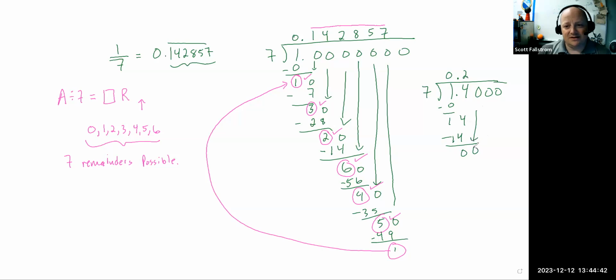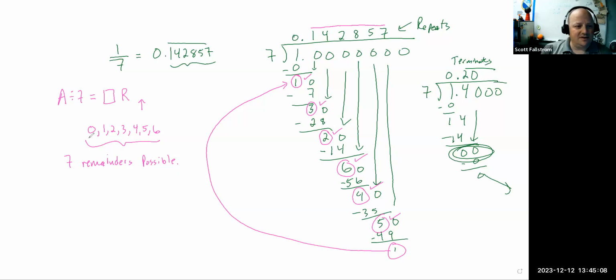When I bring the next 0 down, right, I get zeros from that point on. So if you ever get a remainder of 0, your fraction turning into a decimal terminates. This one up here did not. It repeats. So 7 remainders possible is what I have for remainders.